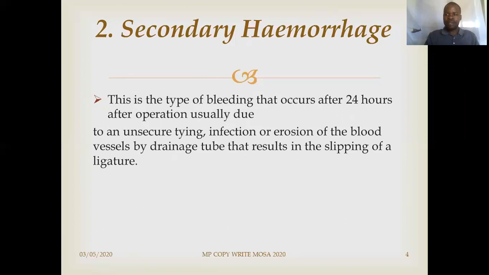They happen because of an underlying factor. One of them is the splitting of a ligature that was tied on the blood vessel. So when that ligature splits off, the blood comes out of the blood vessel.